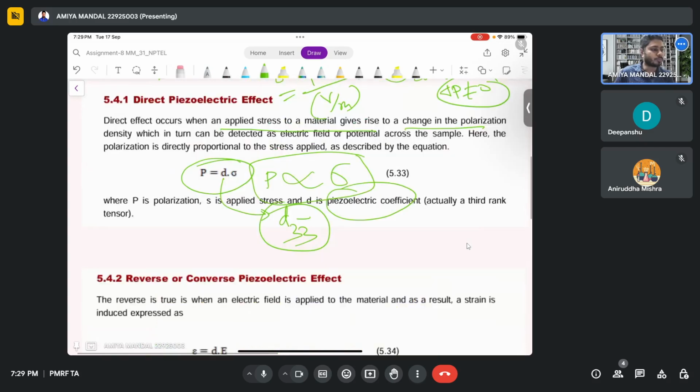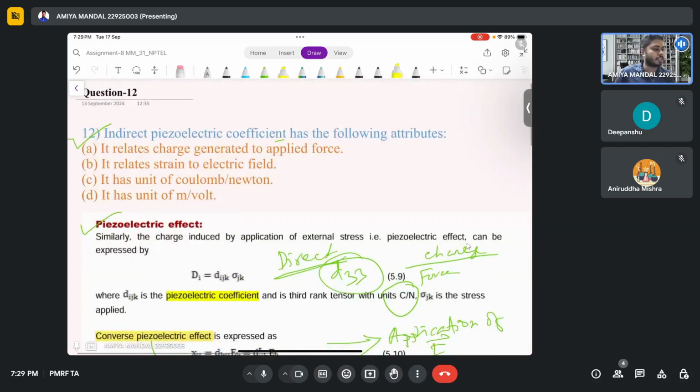So what is the question telling about? The indirect piezoelectric effect, where application of a field generates charges, means it relates strain to electric field. The first option says it relates charge generated to applied field. No, it mainly tells about the direct piezo effect. This is indirect.